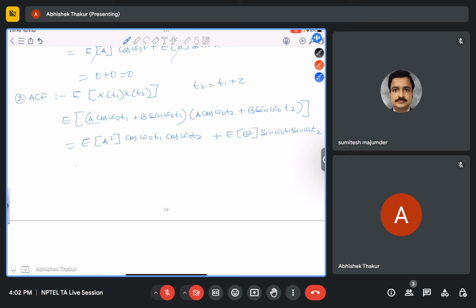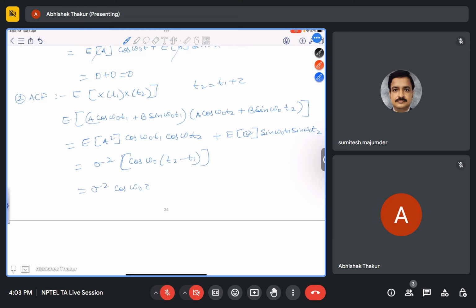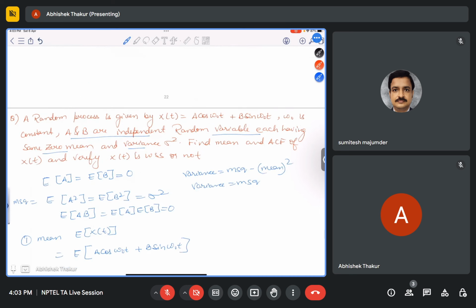Now E of A² is σ², and this will become cos of ω₀(t₂ − t₁). So this will become σ² cos(ω₀τ). So this is independent of t. So it is a WSS signal. It is a WSS random process.